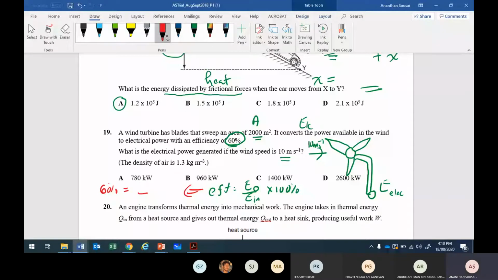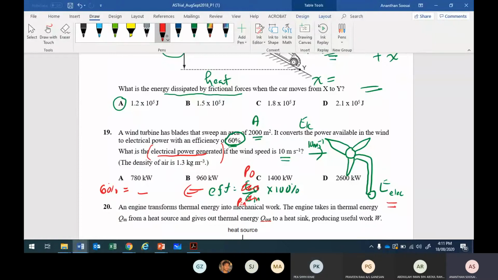What is the electrical power generated? Sorry, because they want electrical power, we can't go for energy. You have to go for output power over input power. Now, is this electrical power output or input? Okay, guys, I need your feedback. The electrical power is the output, right?